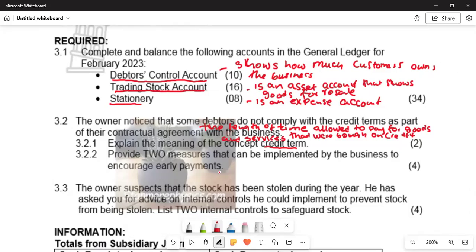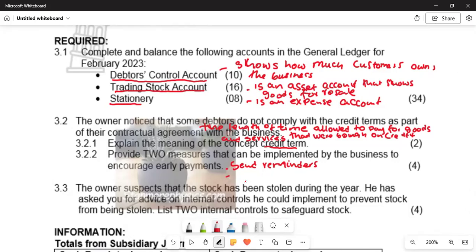That is whereby you are going to send reminders to your debtors, for example, send SMS about their monthly statements.